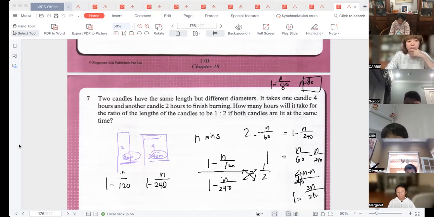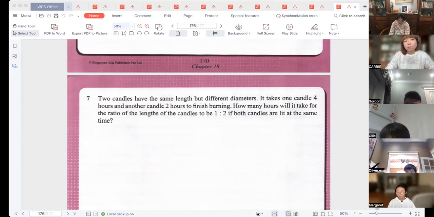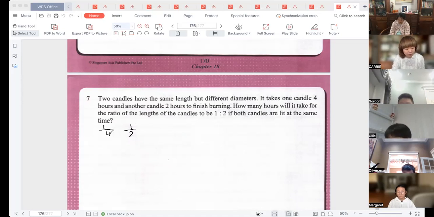Some kids say, "Teacher, why do we have to use minutes? Can we use hours?" Of course, you can still use hours as well. Because the first one takes 2 hours to finish, every hour this candle finishes 1/2, right? And the second one takes 4 hours, so every hour it burns 1/4. Correct, everybody?